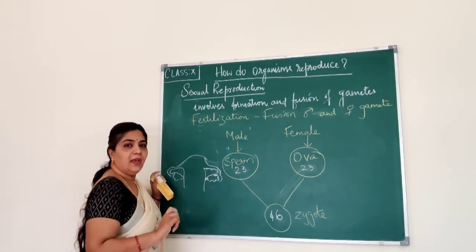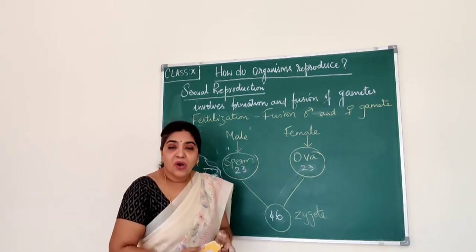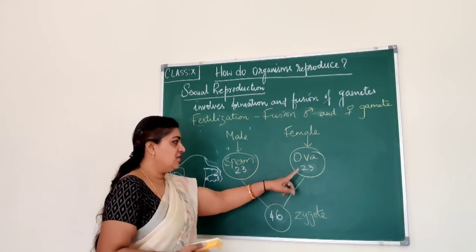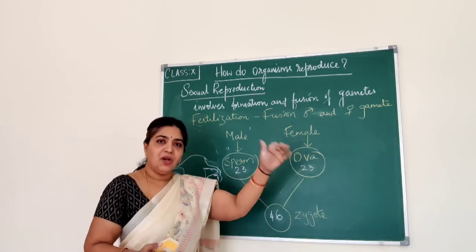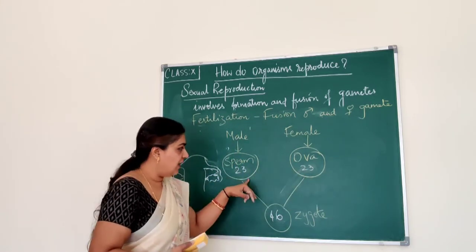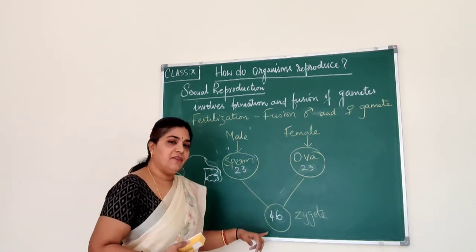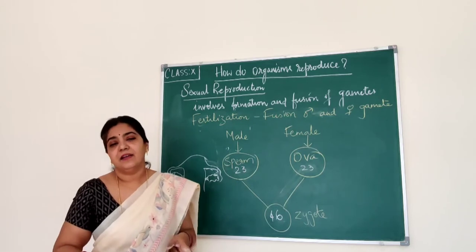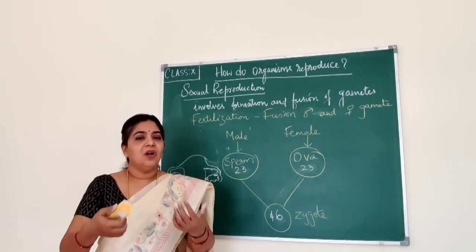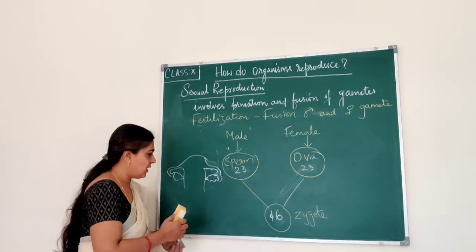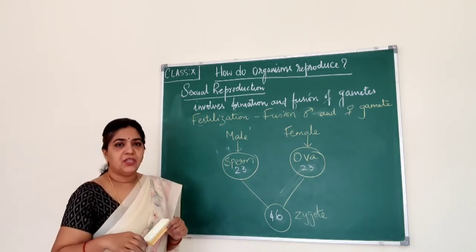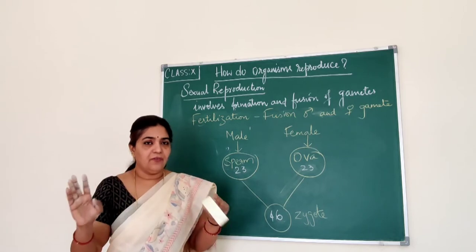Inside this ovary, they undergo meiosis cell division, which will help in the formation of gametes. So meiosis makes sure the number is reduced, so that when these two individuals fuse, the resulting zygote will get the exact number of chromosomes, not more, not less. Okay, so this is about sexual reproduction.